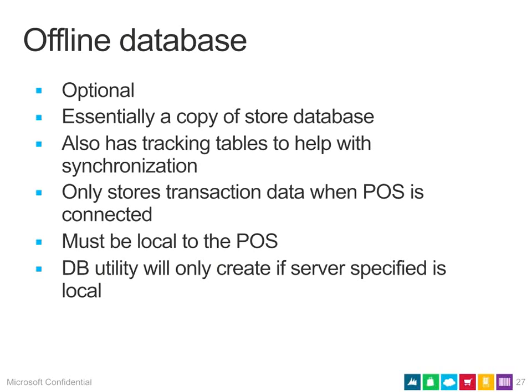This offline database only stores transactions when the point of sale is connected to the offline database, and that's important from a database growth standpoint, because we realize that a lot of you will want to use SQL Express for this. That keeps the offline database relatively small compared to the store DB. I mentioned before, it has to be local on the same point of sale machine. The database utility won't like it if you try to create an offline DB that isn't on the local machine where you're running it from.